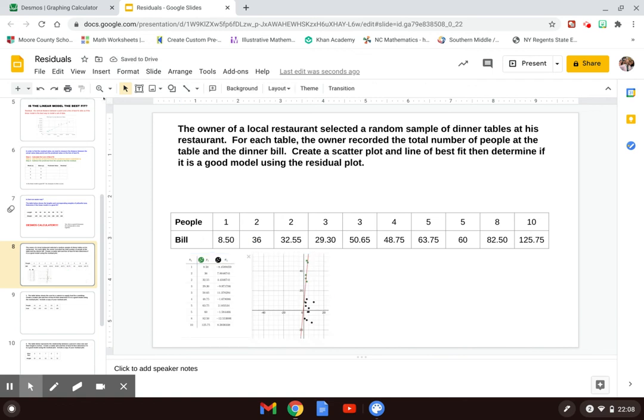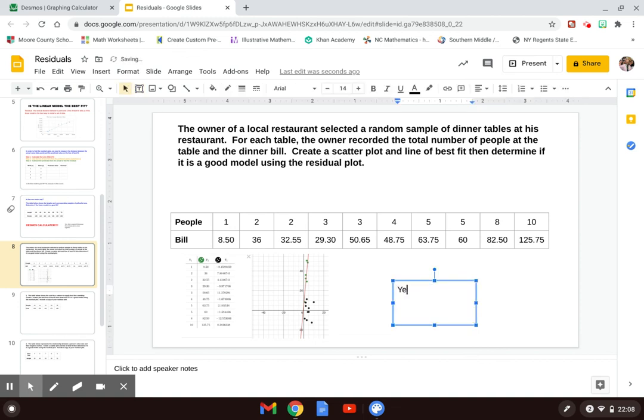And then you would just insert a text box with a short description and say, yes, this is a good model with a lot of variance.